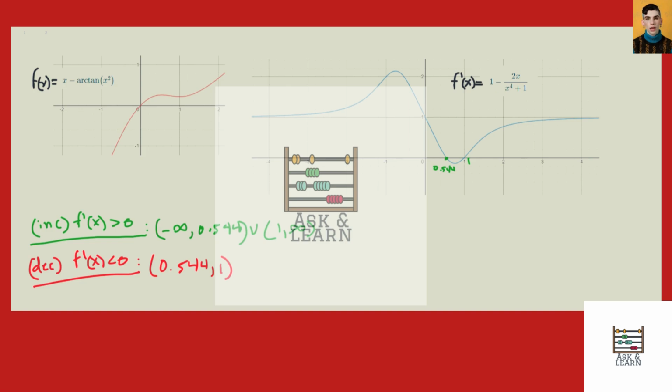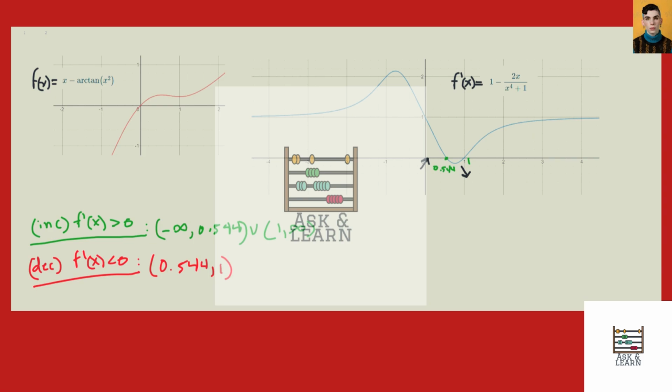Right. Now what we can do is determine if these two x-intercepts that we have for our first derivative are going to be maximums or minimums for our original function. So to the left of 0.544, since f prime of x is positive, that means we're increasing into that point. And then on the other side of it, it's negative, so we know we're decreasing.